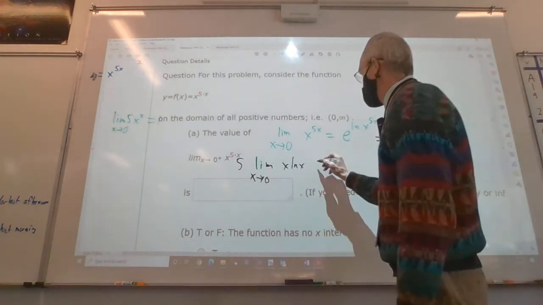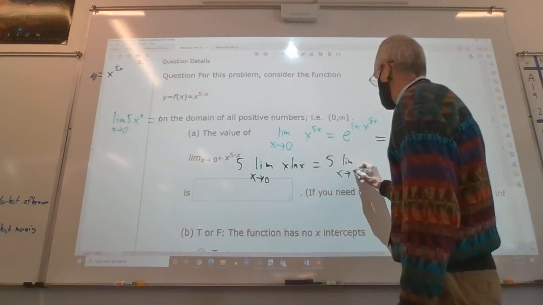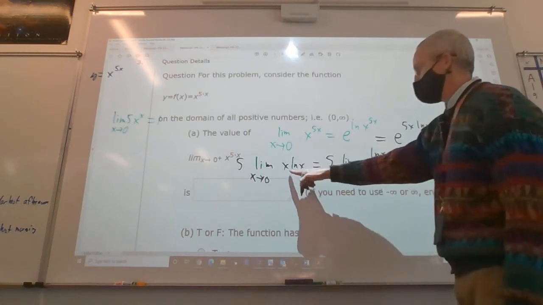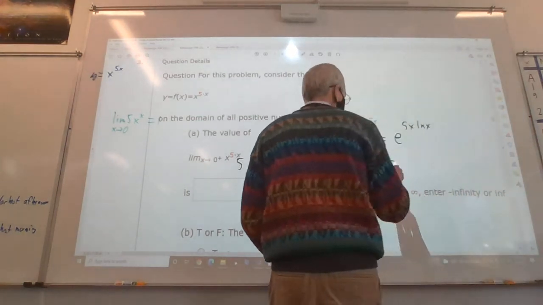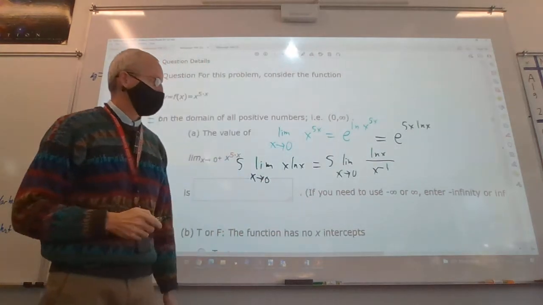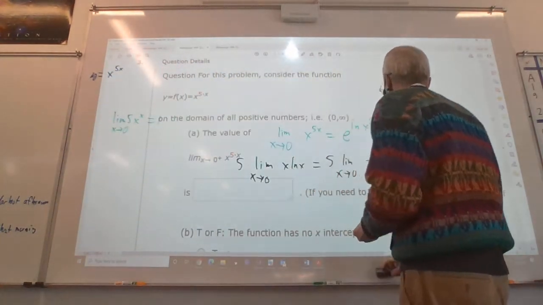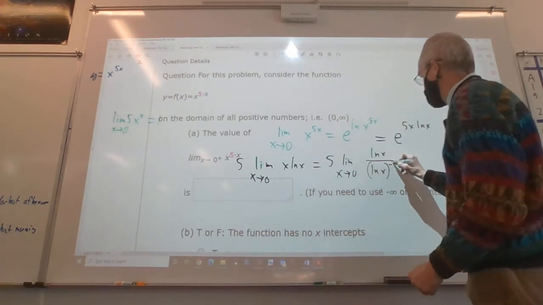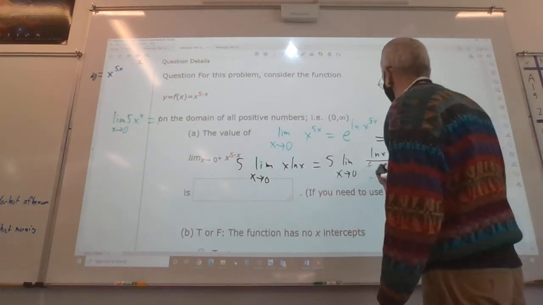So this would be 5 times the limit as x approaches 0 of ln of x on top, divided by x to the negative 1 on the bottom. X to the negative 1 is 1 over x. If I'd put the ln of x in the bottom, I would have had to say ln of x to the negative 1. That's kind of weird, so we don't want to do that.